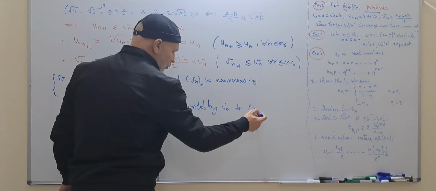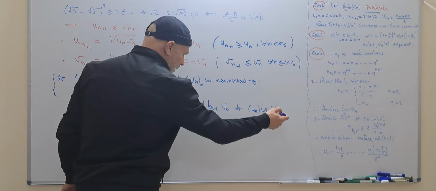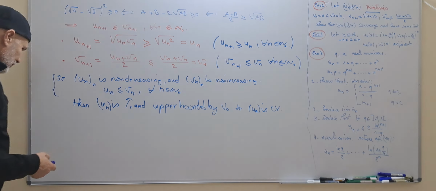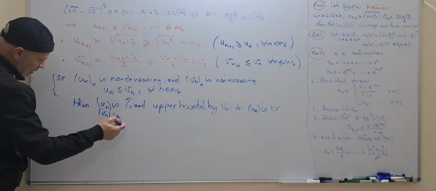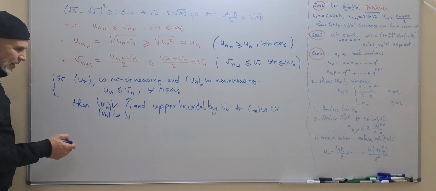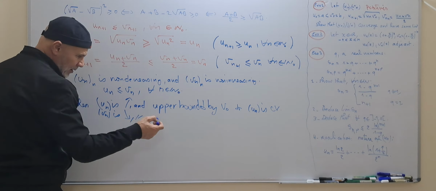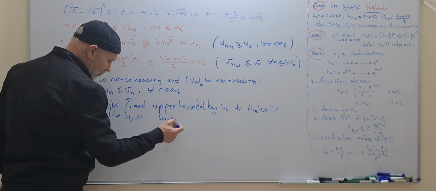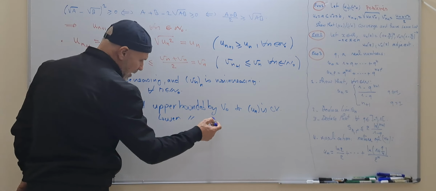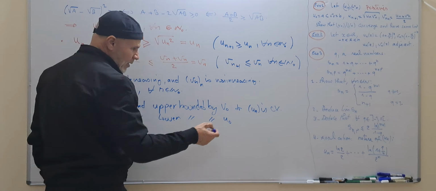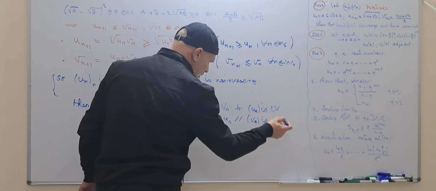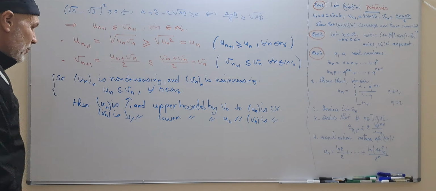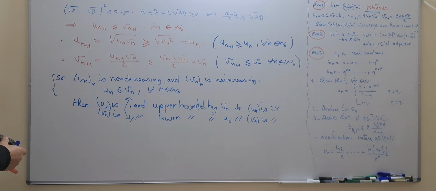So un is convergent. Vn is non-increasing and lower bounded by u0. So vn is convergent. Both of them are convergent.